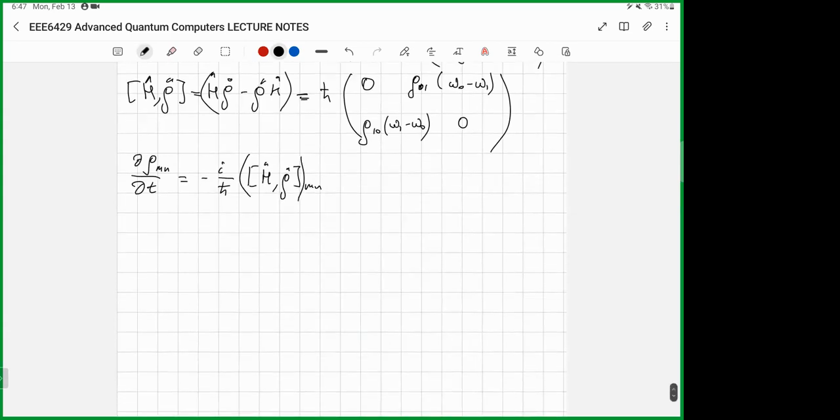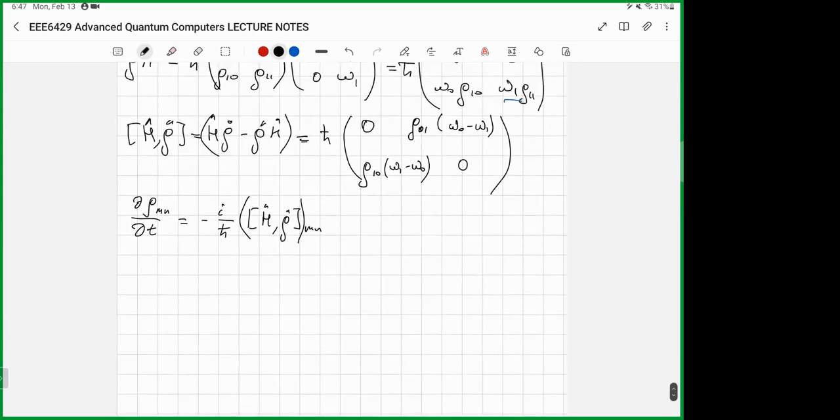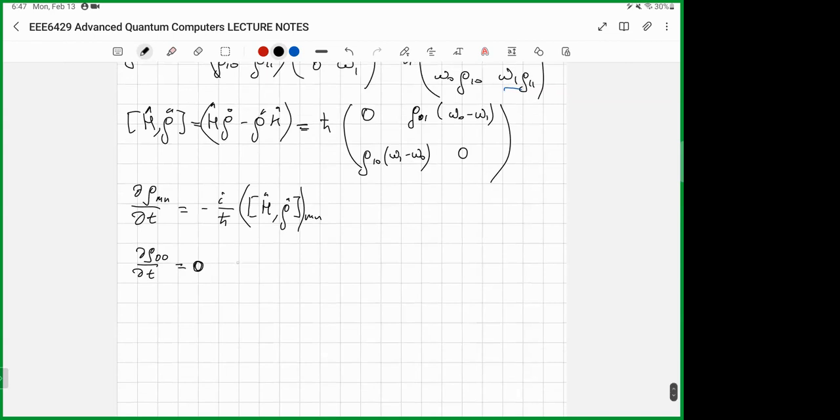I can write this in matrix form like this. So here I conclude that, for example, for the component 0 0, I will get d rho 0 0 over dt, and it gives me 0. So rho 0 0 is a constant.